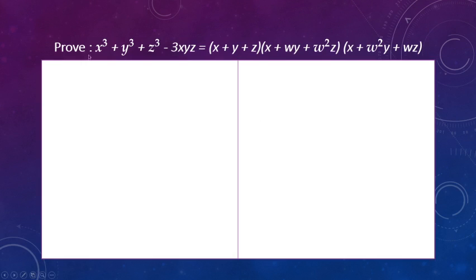Question is, prove that x cube plus y cube plus z cube minus 3xyz is equal to x plus y plus z, x plus omega y plus omega square z, x plus omega square y plus omega z. As we have to prove left hand side is equal to right hand side, this is our left hand side, that is x cube plus y cube plus z cube minus 3xyz.